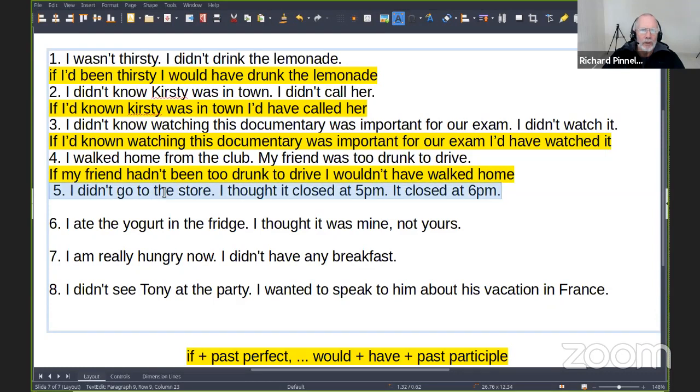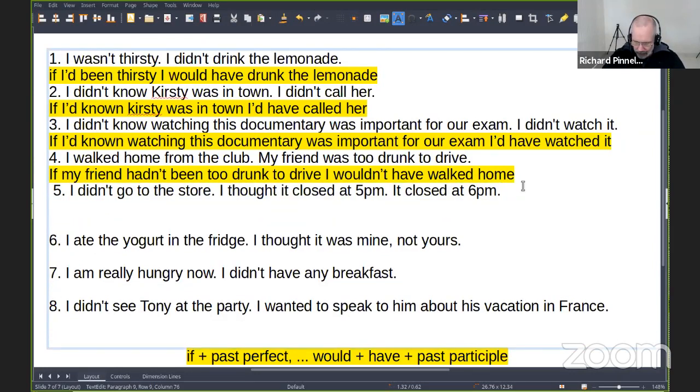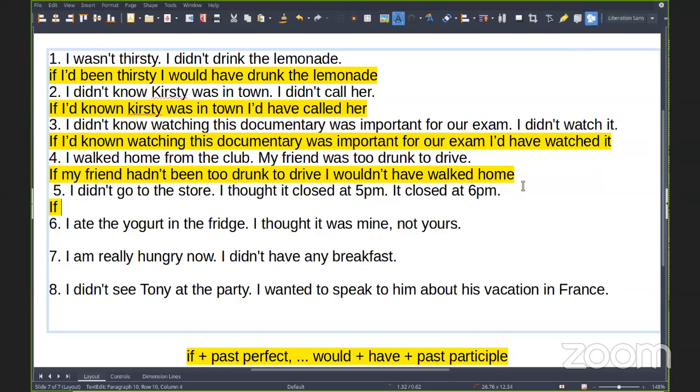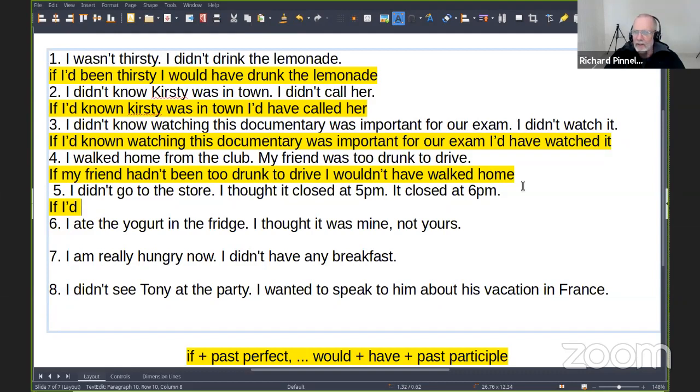I didn't go to the store. I thought it closed at 5 p.m. It closed at 6 p.m. If I'd... the reality is that I didn't know it closed at 6.